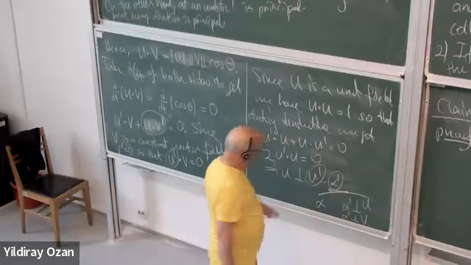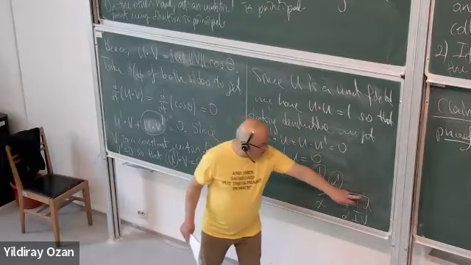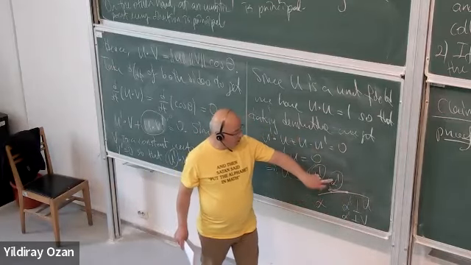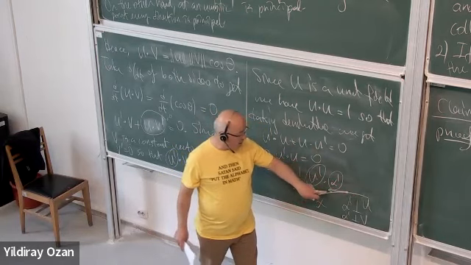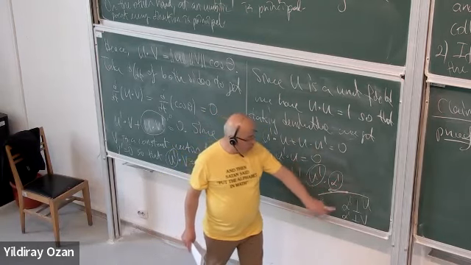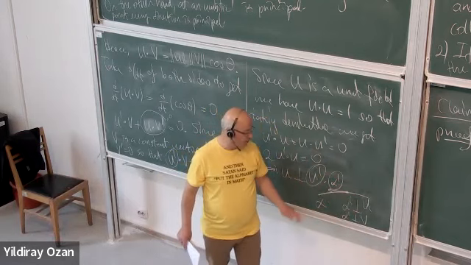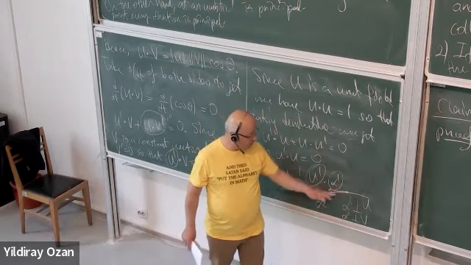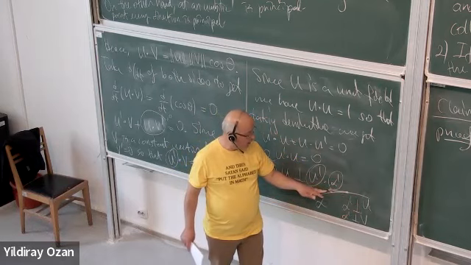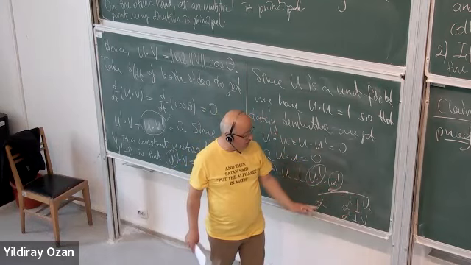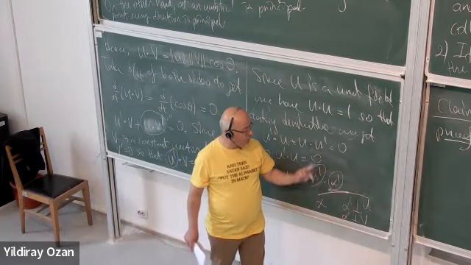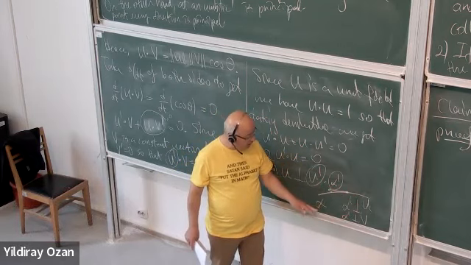So let me explain again. This is the curve of intersection. Its tangent vector is perpendicular to both surfaces of intersection. Why is that? Because this tangent vector lies in the tangent space of the surface and the plane.